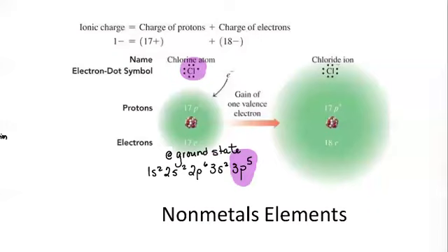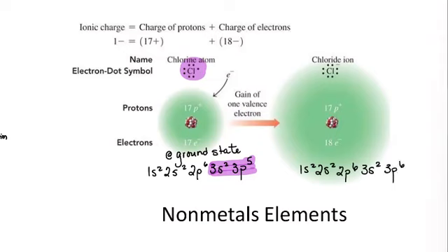Let me reduce the size of my highlighter. So those 7 dots that we see there are because of the electrons that we have here in the 3s2, 3p5. So once chlorine accepts that valence electron, it becomes 1s2, 2s2, 2p6, 3s2, 3p6.